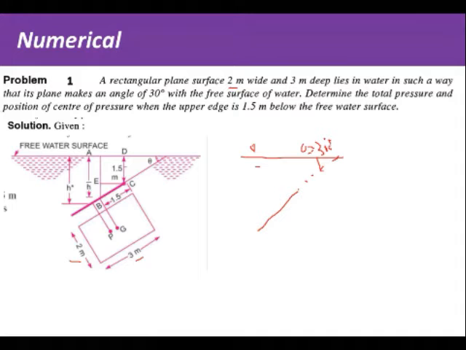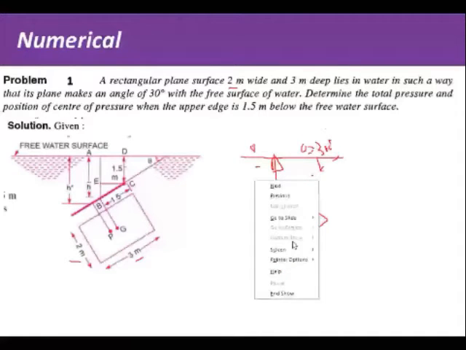In cross section, it is a rectangular surface of depth 3 meter, and it is 2 meter wide. Then determine the total pressure P or F and position of center of pressure h star when the upper edge is at a depth of 1.5 meter from the free liquid surface.